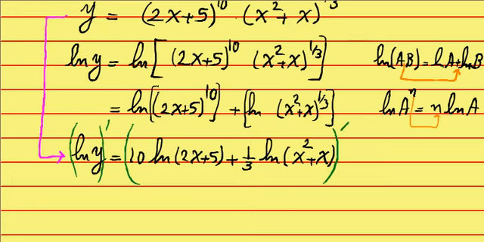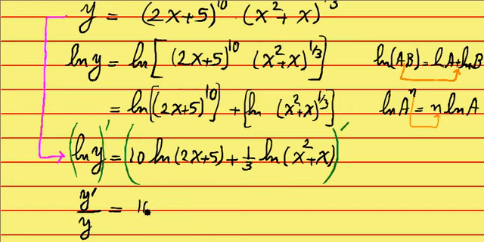Well, how do you differentiate? You remember the derivative of logarithm of something is just the derivative of that something divided by itself. Same thing on the right hand side. I have to differentiate that, and then by rule of linearity I can multiply with these constants later.